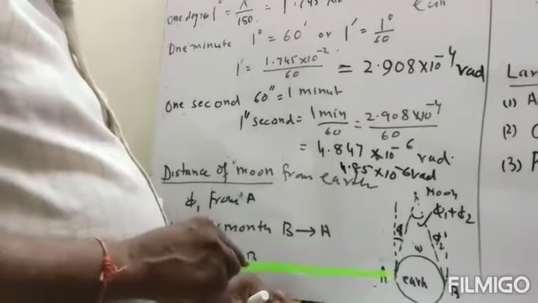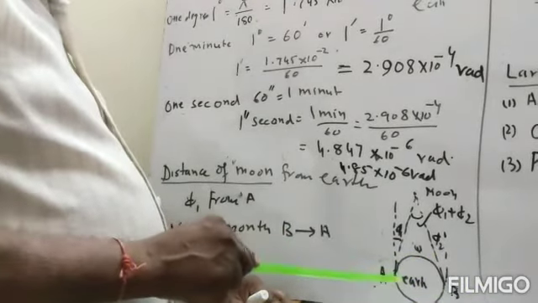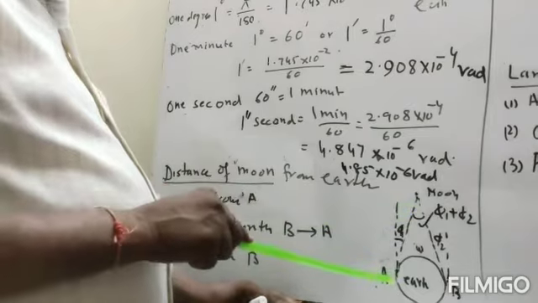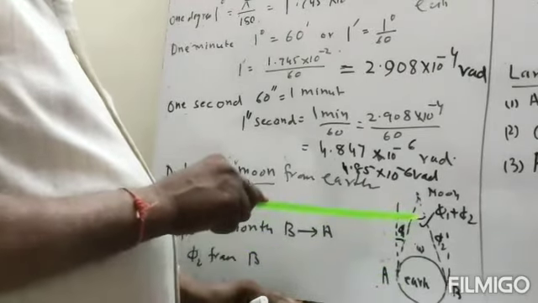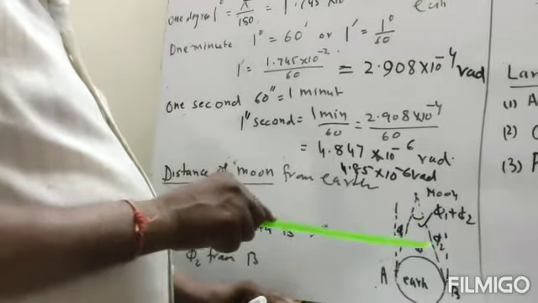So we will take one observation of the sun or moon from position A, that is the position of our laboratory. Then after 6 months, we will again take the angle from our laboratory, and the sum of these two angles will be equal to the angle of parallax.